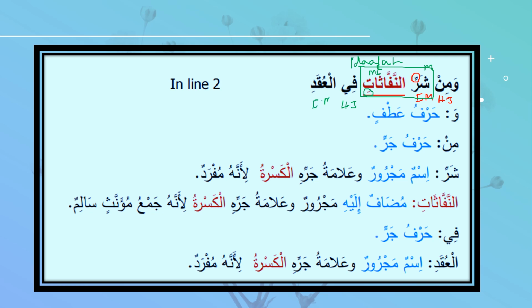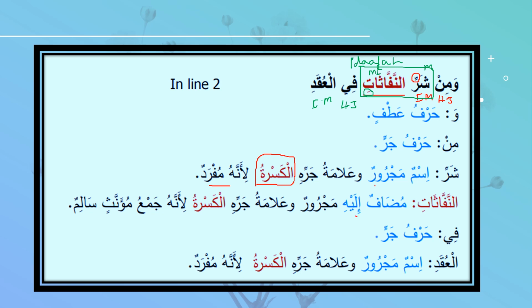Very easy. Let's do the Arab. So waw is harf atf, min harf jar, and then sharri is majroor. And what is the alama? Alama jar. And what's the sign? Kasra. You need to give the answer as kasra. And why is it kasra? It's mufrad. Nafathat mudaf ilayhi.